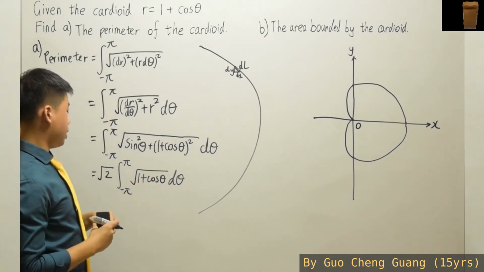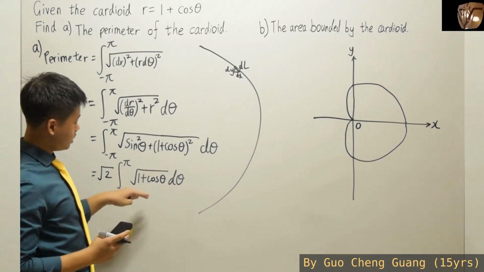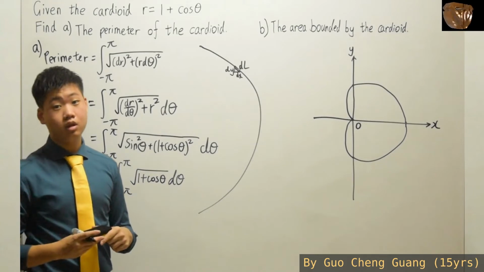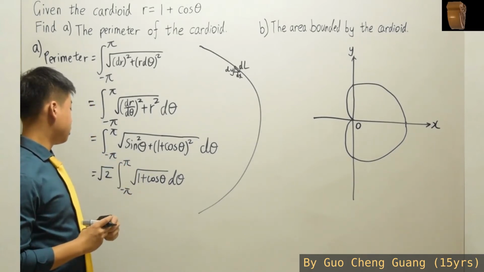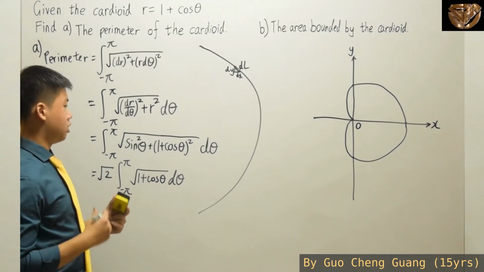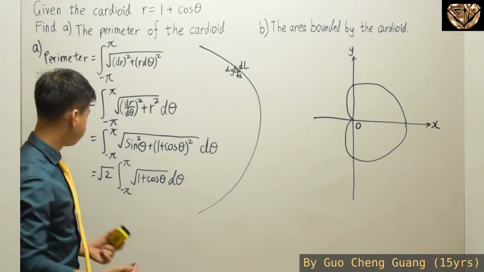So again, you might be wondering, how do we solve this part? If you know how, you could use a half angle formula. If you forgot what the half angle formula is, of course you could derive it again from the double angle formulas.